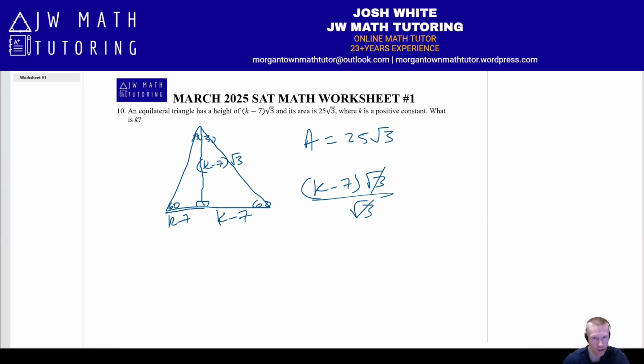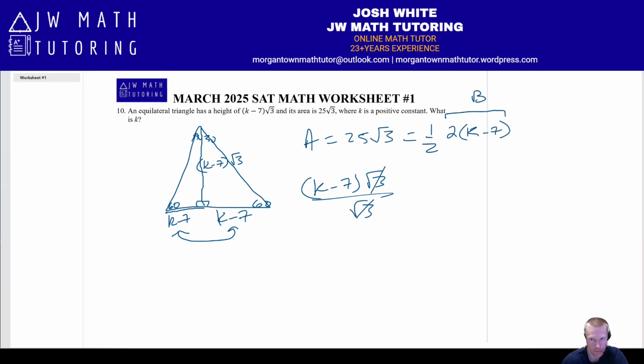Now you can make an expression for the area of a triangle, which is just 1/2 base times height, and you can plug in the base and the height in terms of k, and you can solve for k. Because the base is going to be these two things added together. So it's 2k minus 14, but I'm going to write it as 2 times k minus 7, and I'll explain why in a second.